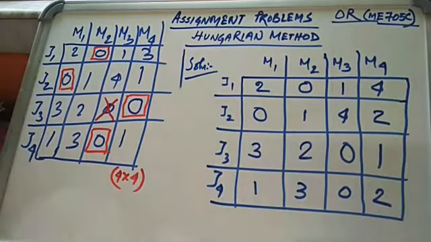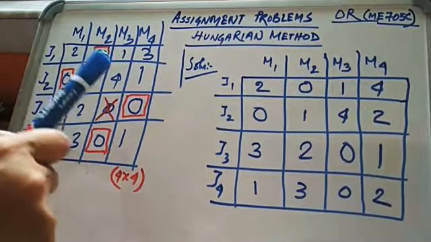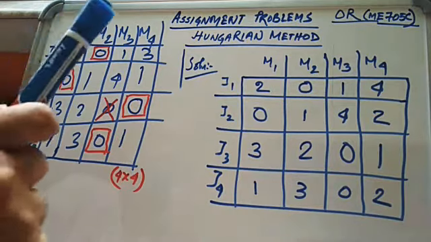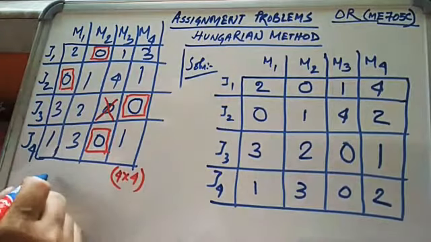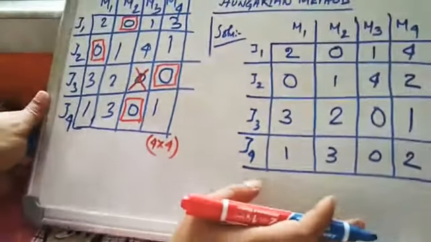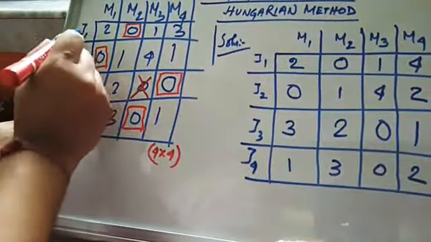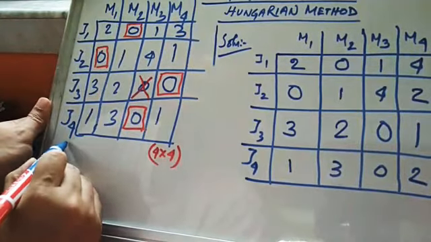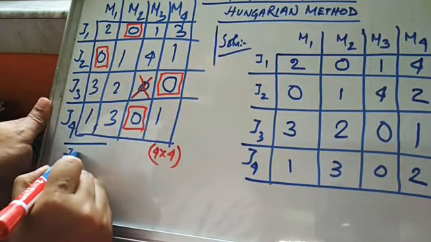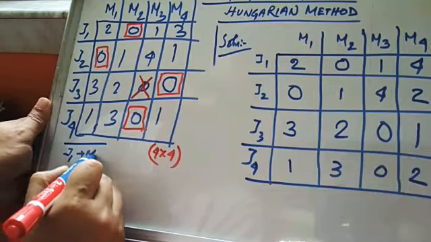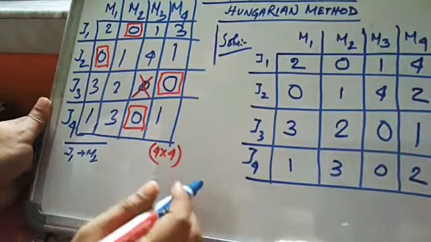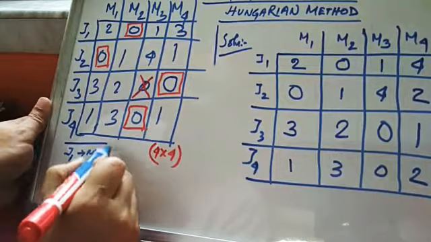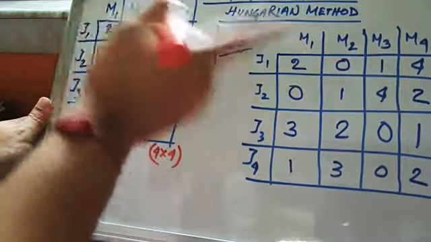Now the next step, we have to find the optimal assignment cost, or minimize the assignment cost. So the minimized assignment cost we can write over here as, look, J1 to M2. This one is assigned, and that value you can check from the previous one.